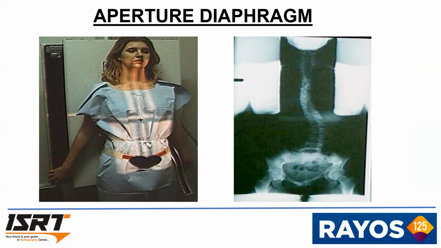It's used in chest radiography, head and trauma radiography units, or in some dental units also. This aperture diaphragm can be made by cutting rubberized lead to whichever size we need as per our requirement.